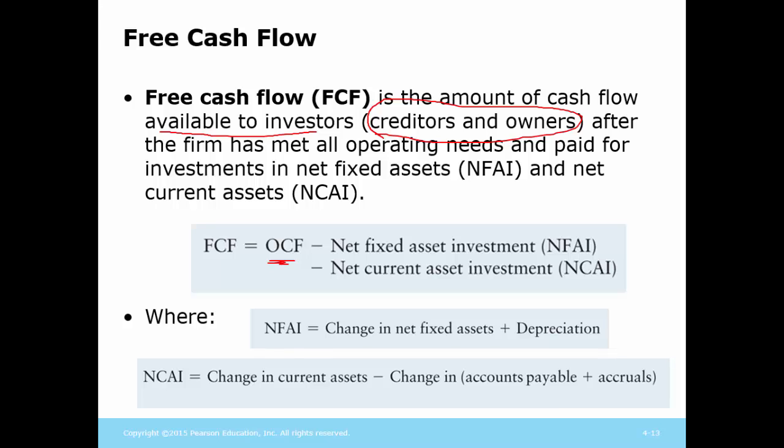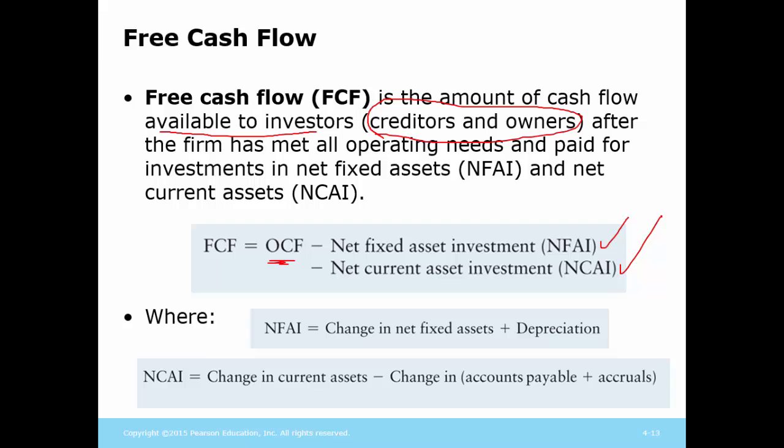Well, the company can invest in fixed assets and it also can invest in current assets. So the net fixed asset investment is the change in net fixed assets plus depreciation. The net current asset investment is the change in current assets minus the change in accounts payable and accruals.